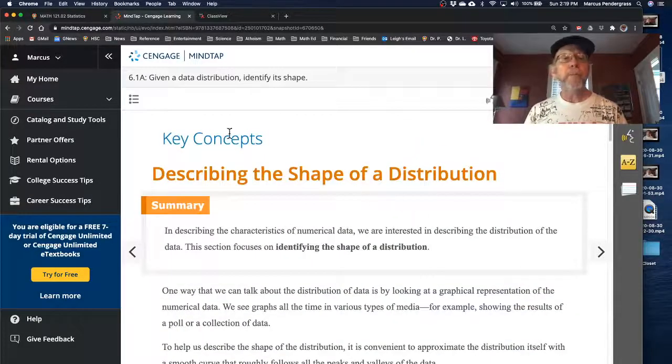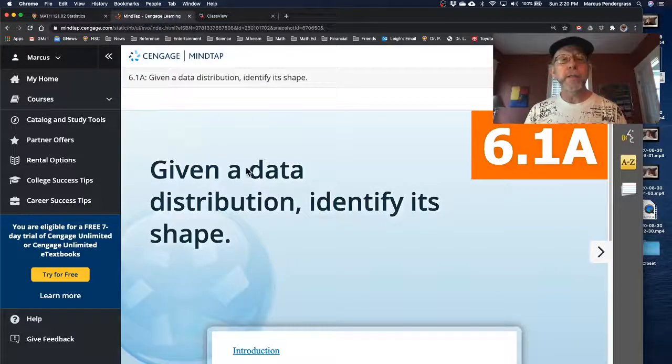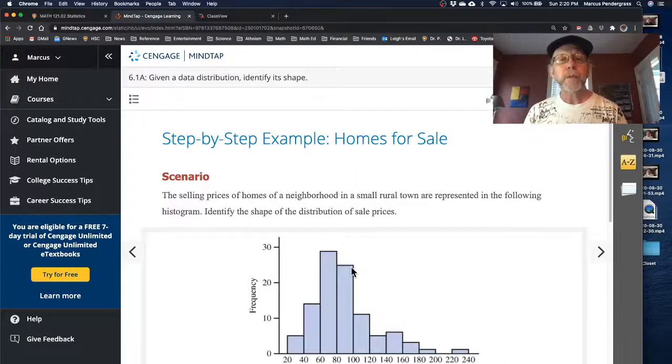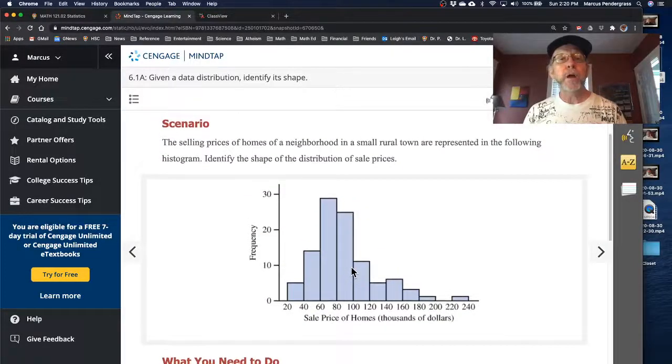Let me just pop open a couple of other examples in this section and let's take a look at them. Let's see. I wanted to look at homes for sale. Here's a distribution of the selling prices of homes in a neighborhood in a small rural town. How would you describe the shape of this distribution?